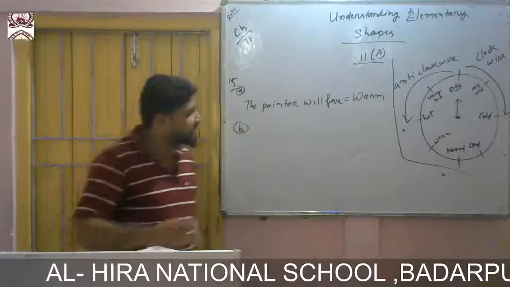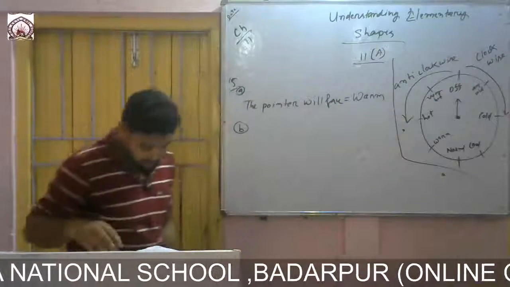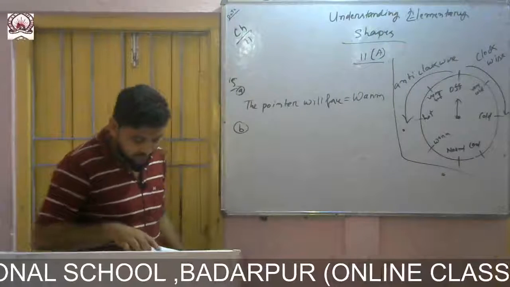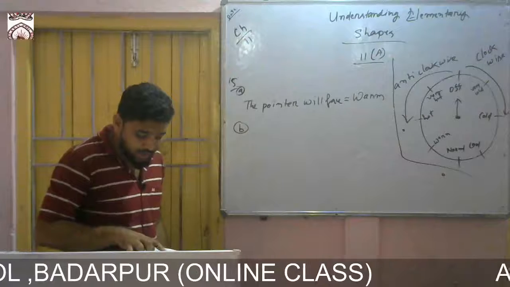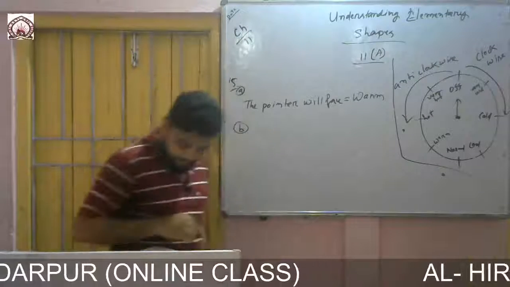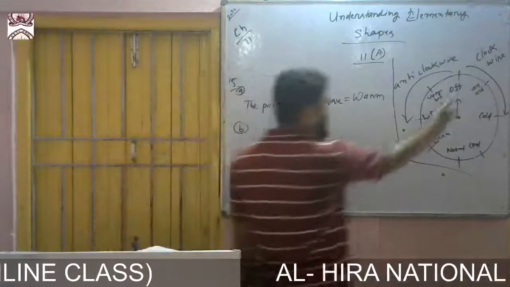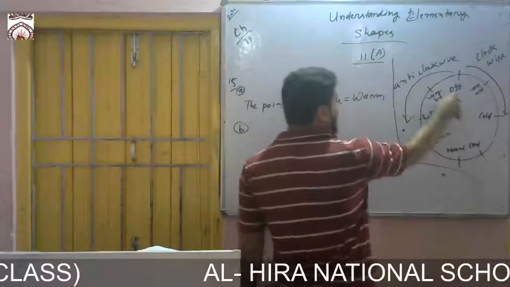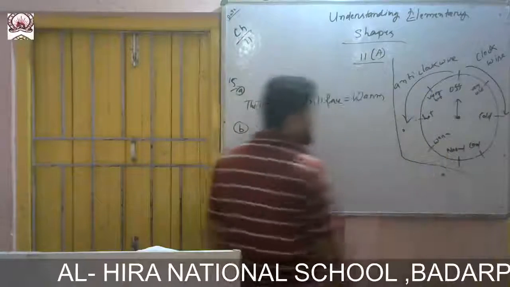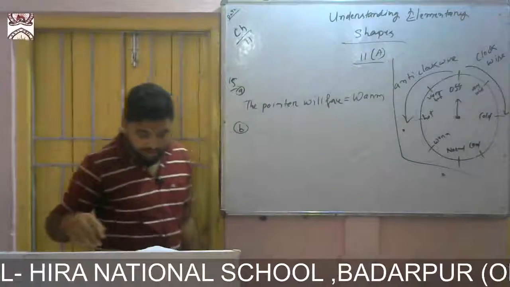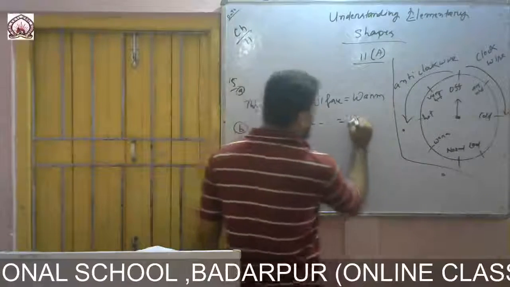So it will go 3 markings anti-clockwise from off. Anti-clockwise from off, 1 2 3. So it will reach warm again. The pointer will face warm.